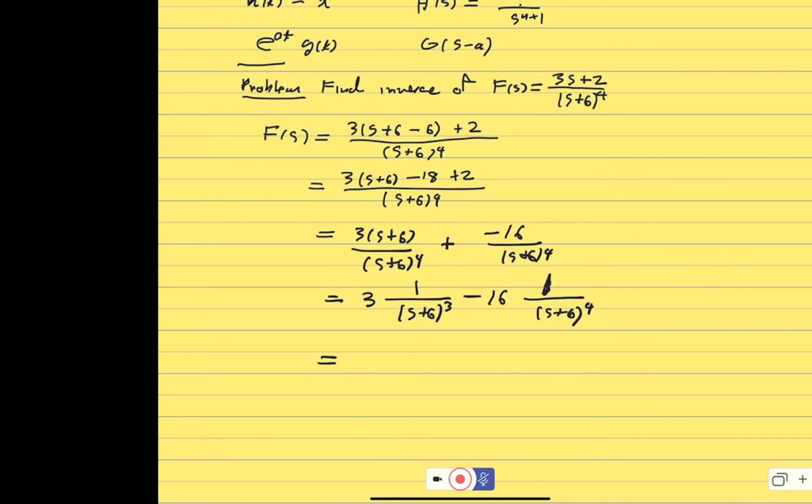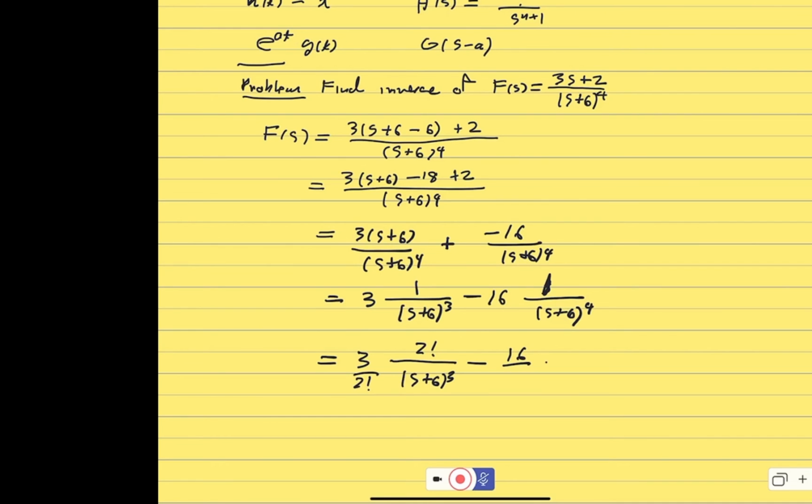Well, looking back up at our function, if the exponent on the bottom is here, the numerator should be 1 less to the factorial. So we'll do that. So I'm going to have 3 times, I want a 2 factorial, so I'll put a 2 factorial here to cancel it out, s plus 6 cubed, minus the same thing here.